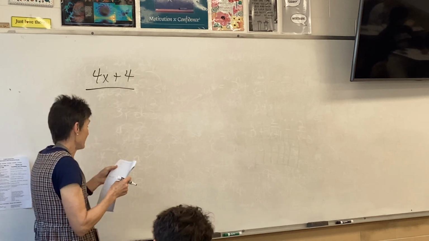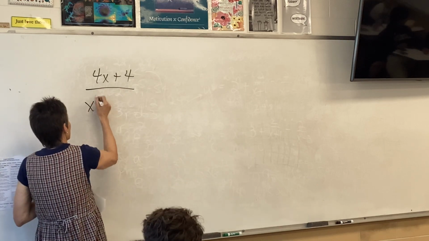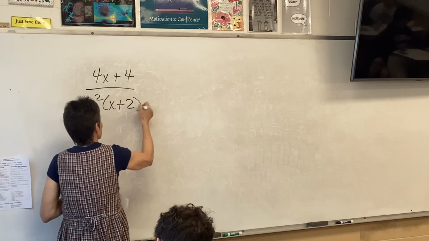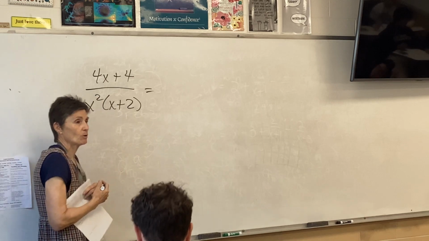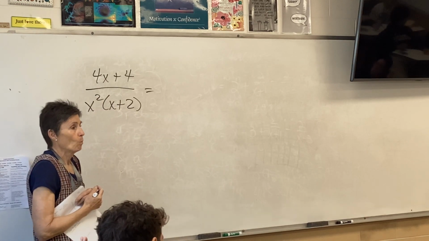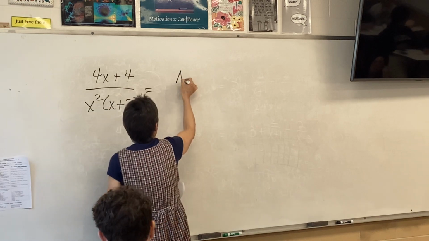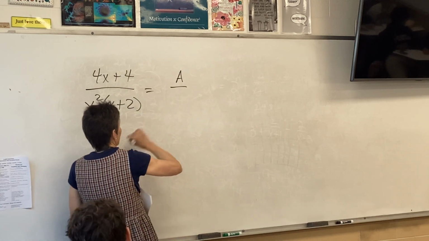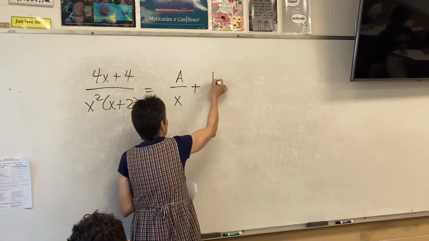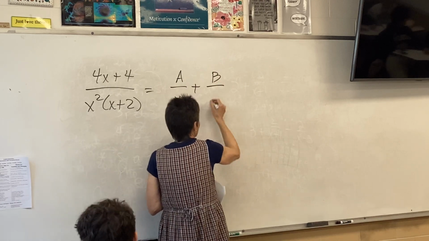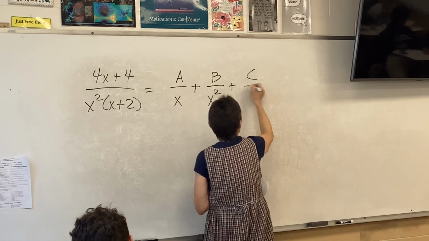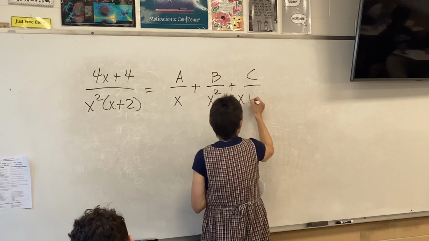Factor my denominator. Oh, it's already factored. Life is good, it's already factored. Alright, so now I'm gonna set up my partial fractions. What are they gonna look like? A over x, b over x squared, and c over x plus 2.